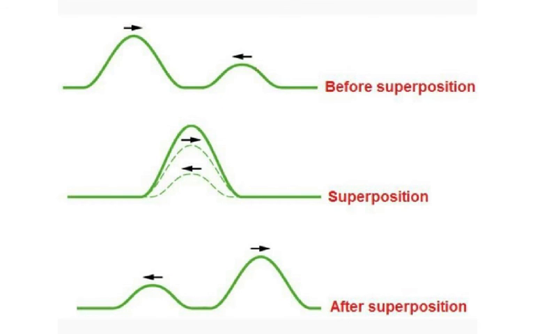In this case, when they overlap, you see the superposition, where the amplitudes of both waves are added, and the direction of the waves does not change. The taller one was moving to the right and still keeps moving to the right after the superposition, and the shorter one on the right was moving to the left and continues moving to the left as well.